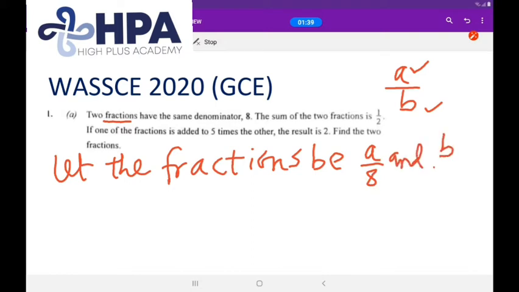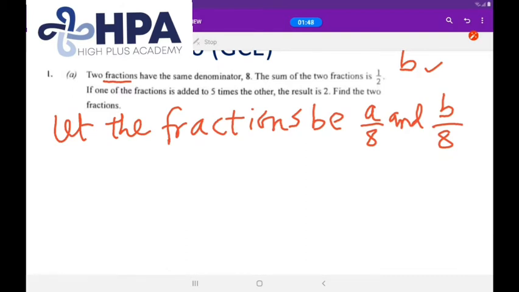B over 8. So they have the same denominator. But the sum of the two fractions, the question says, is half. Now, what does that imply? It means that A over 8 plus B over 8 equals half.